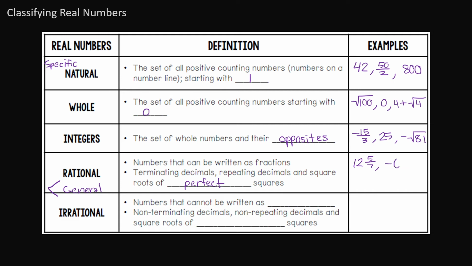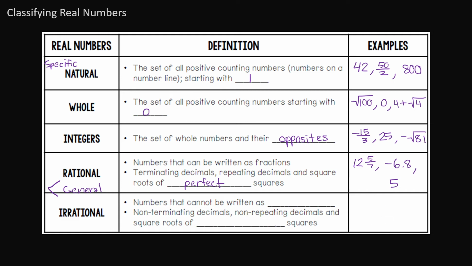Negative 6.8 can be written as a fraction. It's also a terminating decimal. And the number 5. And you'll notice 5 can also be called an integer, a whole number, and a natural number. So we're still including all of those other classifications in our examples here.